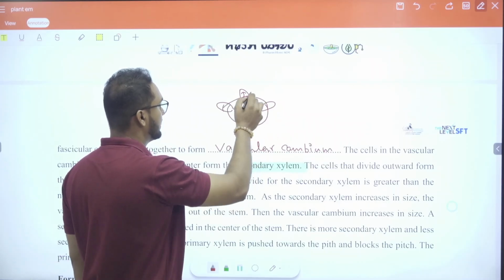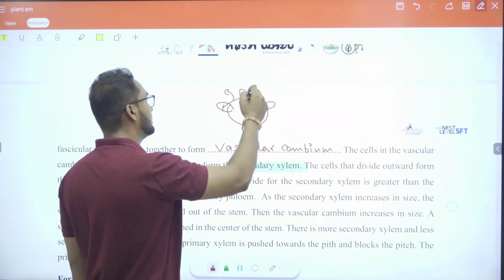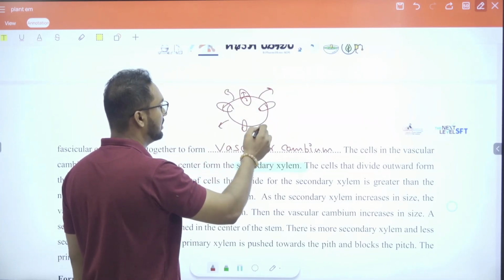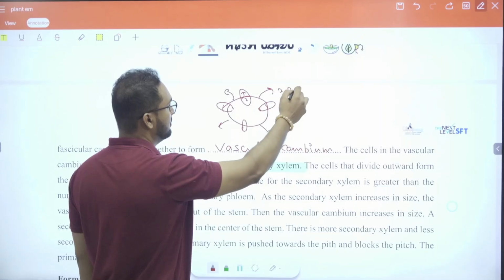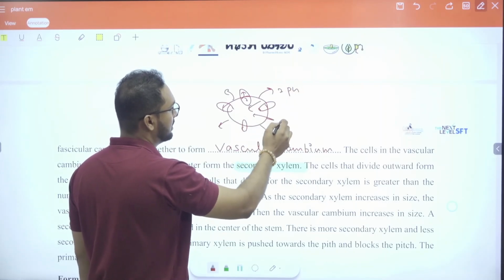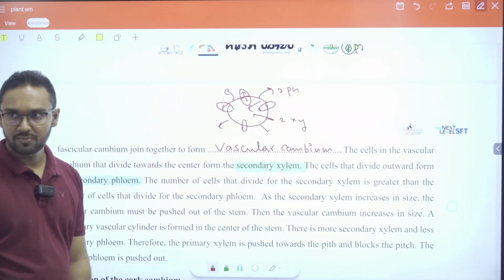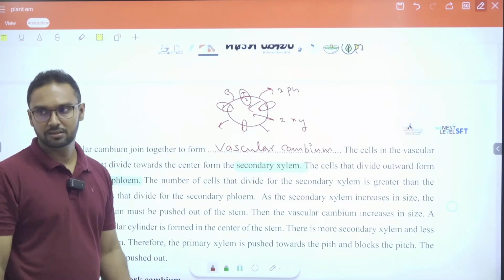Vascular cambium එක හැදුනාට පස්සේ එළියට secondary phloem, ඇතුළට secondary xylem තමයි දැන් හැදෙන්නේ. එතකොට තමයි stem එකේ growing.